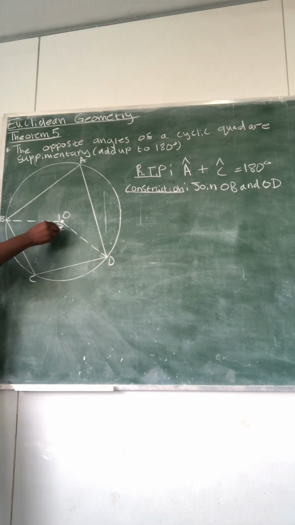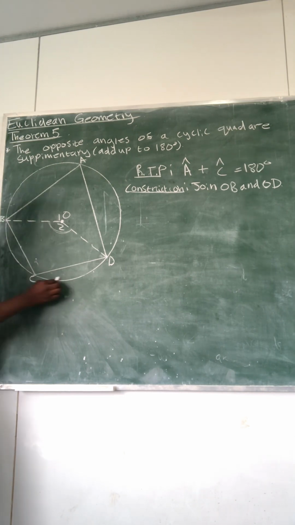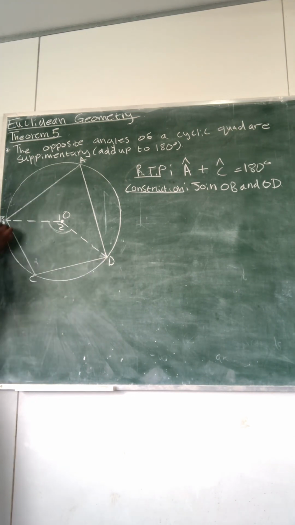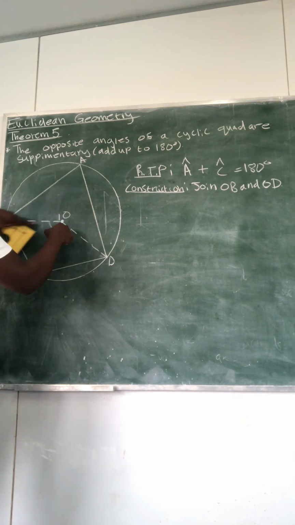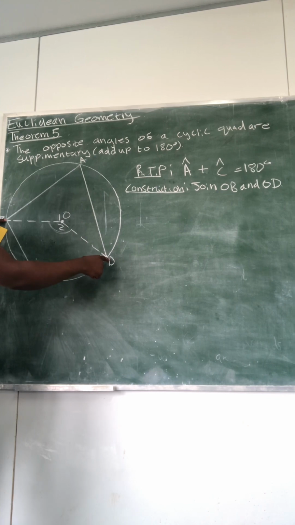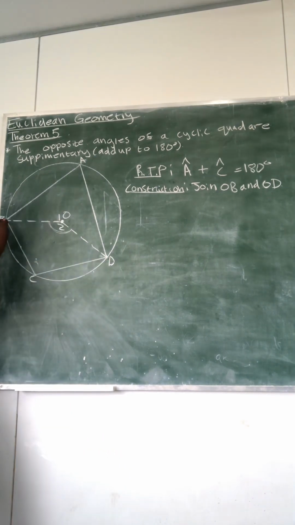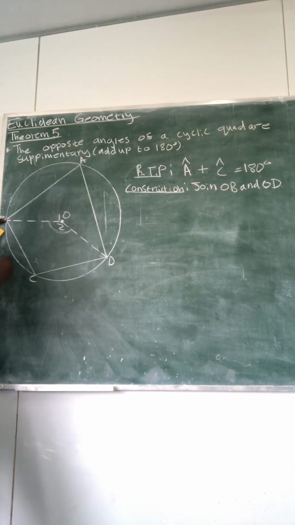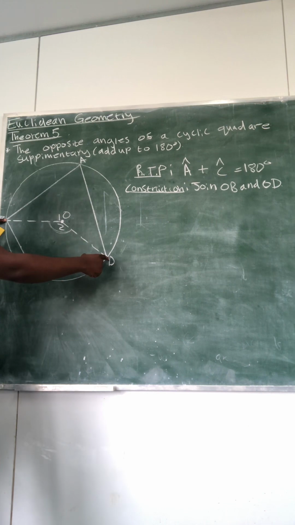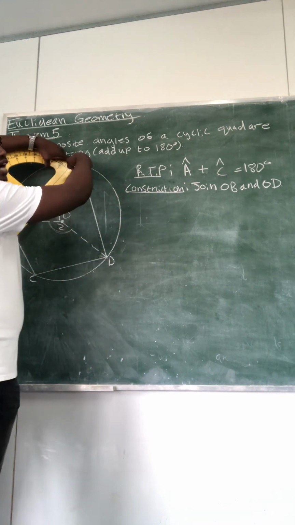So we look at this angle O2. This angle O2 here in the center is subtended by what? By arc BD. So the lower part of arc BD subtends angle O2, and at the same time, this lower part of arc BD subtends what?